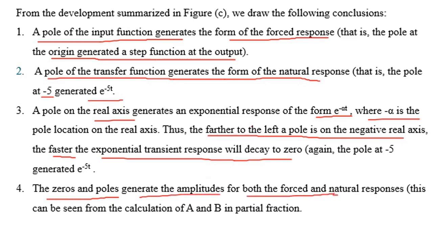Last one is the zeros and poles generate the amplitude for both forced response and natural responses, which we have found out in partial fractions calculation in A and B.